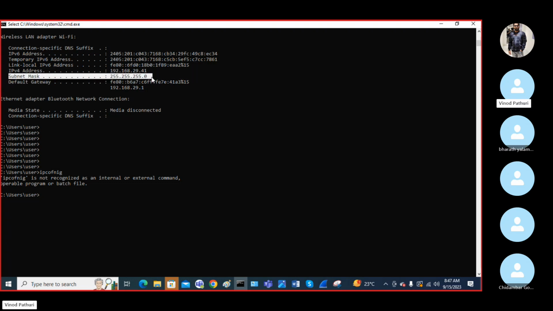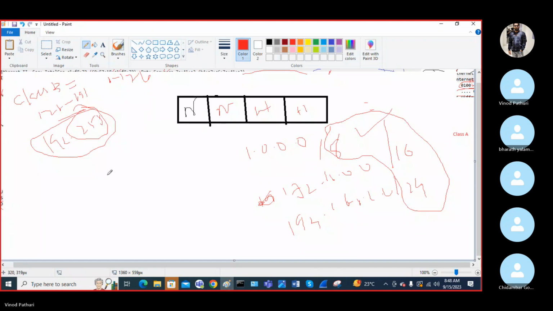So why is the subnet mask 255.255.255.0? How many network bits do we have in class C? 24. So the subnet mask represents your network. If it is 255.255.255.0 for class C, what is the value for class A? 255.0.0.0.